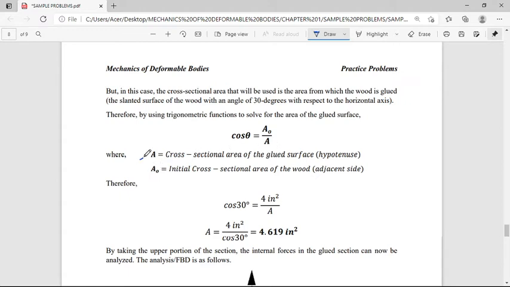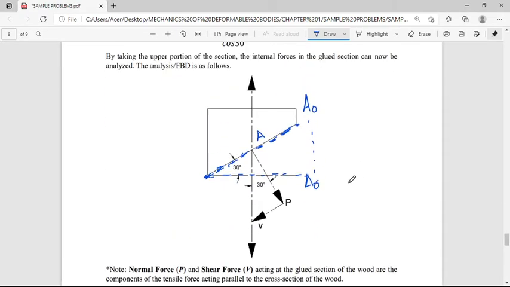Yan. Where yung A nga and yung A sub O, ito nilagay ko, cross-sectional area of the glued surface and yung A sub O or yung initial cross-sectional area of the wood. So, yung A is the hypotenuse and yung A sub O is yung ating adjacent side. Since pinroject ko siya dito sa ating horizontal axis.